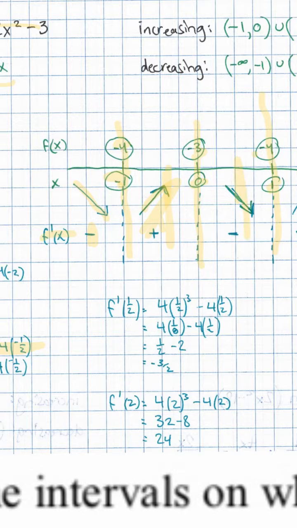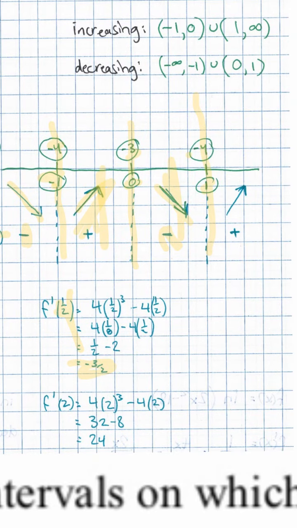When I did positive 1/2 in the derivative function, I got -3/2. Sure enough, it's negative. The function is decreasing between 0 and 1. Finally, to the right of 1, I chose 2. In the derivative function, I got 24, which is positive, so the function's increasing.